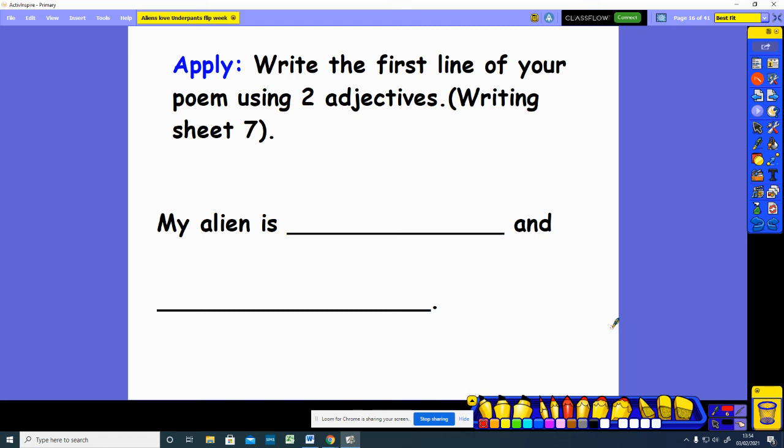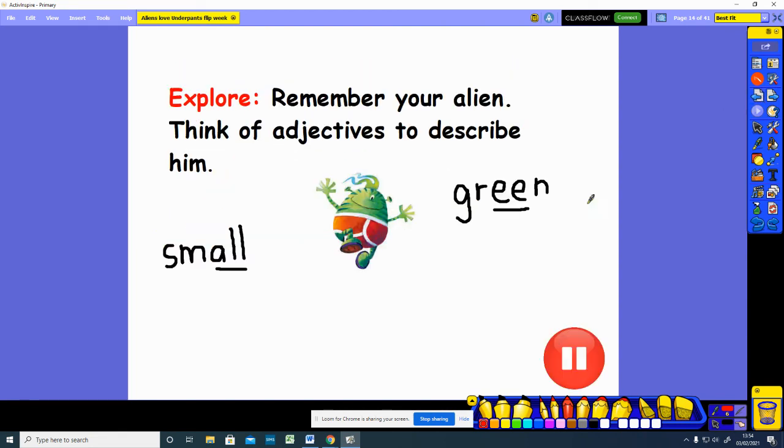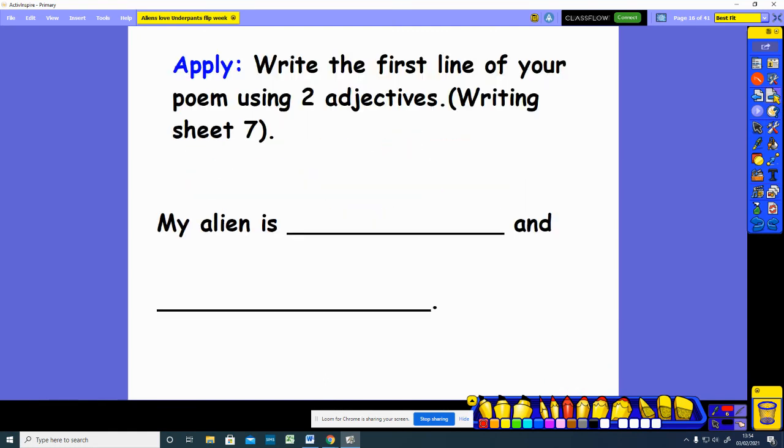So my alien is green and small. So I'm just going to put those words in. We've already written green and small. So if I'd forgotten how to write it, I can use my Fred fingers and work it out again, or I can go back and have a look. Oh, there's the word green. I'm going to put that in my first space. My alien is green.